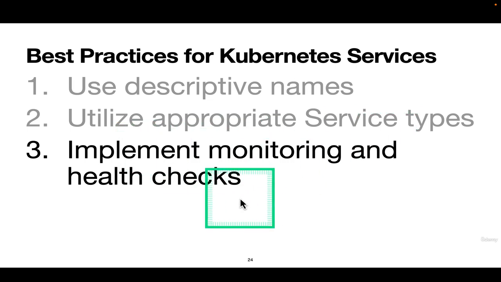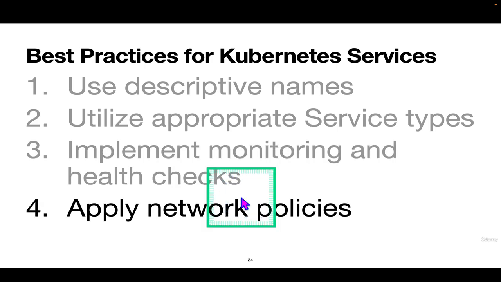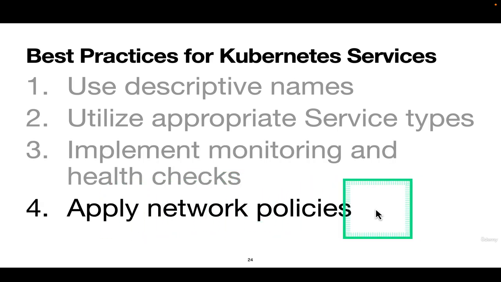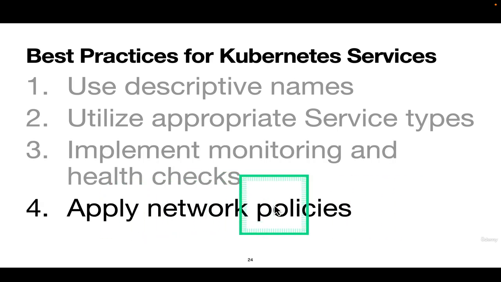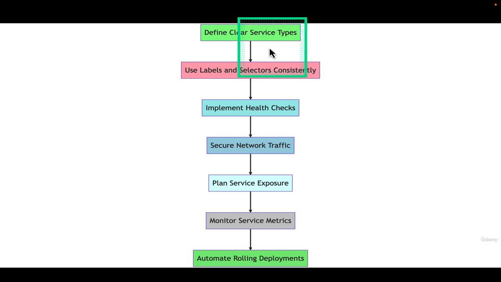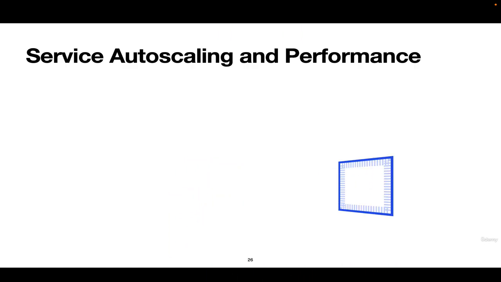Implement monitoring and health checks using readiness and liveness probes to ensure optimal performance and self-healing capabilities of your services. Apply network policies. Apply network policies to control traffic between pods and services, enhancing security and isolating workloads when necessary. So define clear service types, use labels and selectors consistently, implement health checks, secure network traffic, plan service exposure, monitor service metrics, and automate rolling deployments.